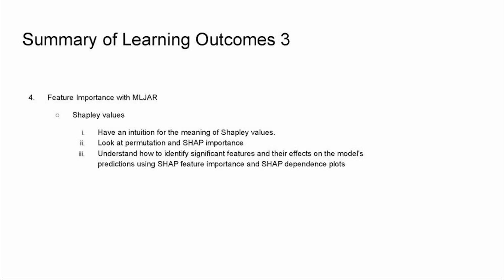In this section, we looked at Shapley values and also took a deep dive in order to get an intuition for the meaning of Shapley values. We also looked at permutation and SHAP importance, and we also understood how to identify significant features and their effects on the model's predictions using SHAP feature importance and SHAP dependence plots.